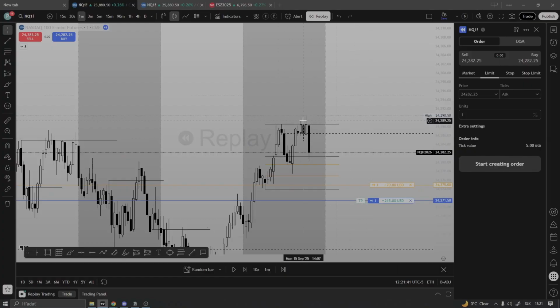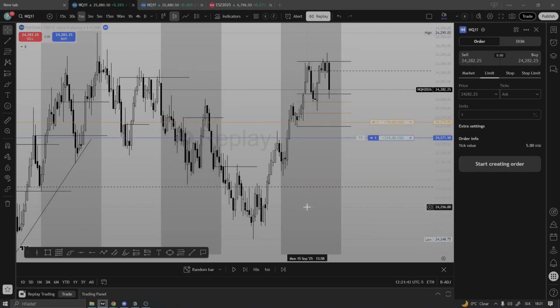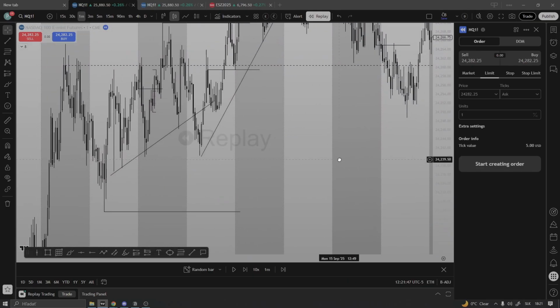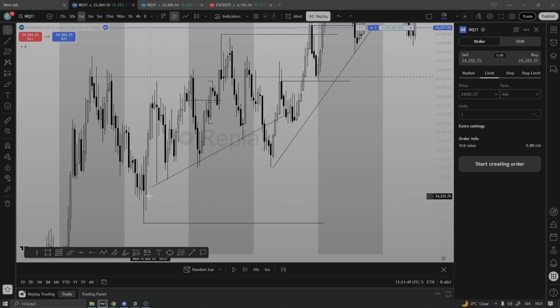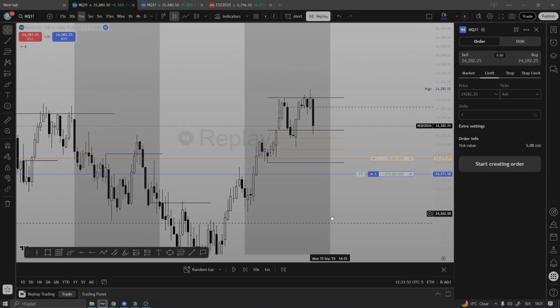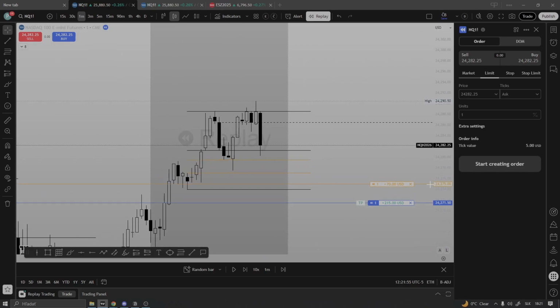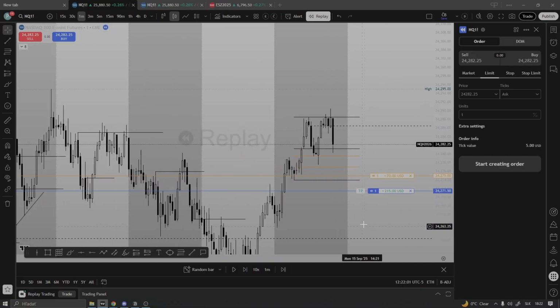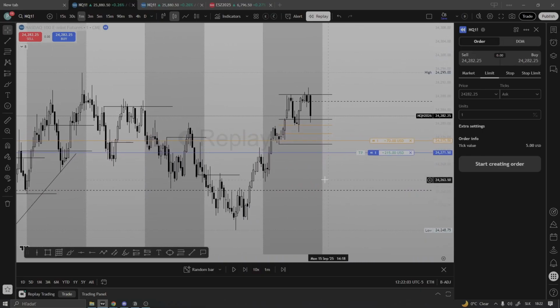If not, this kind of reminds me of the same thing that happened. Where is that low? I think this one. It's kind of the same fractal. Meaning if we close below that 2 or 3 candle, I would probably just exit the longs, and we can flip it then to take it back lower, at least to that low of 1:46.